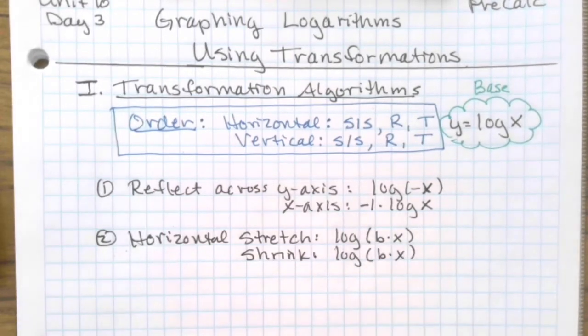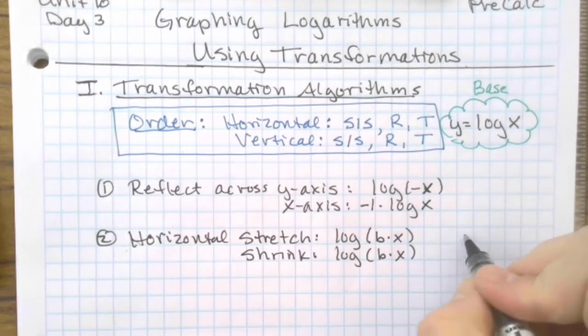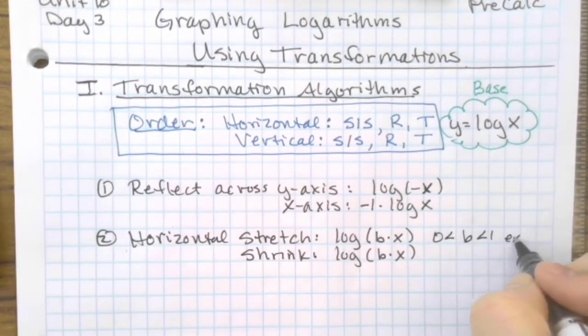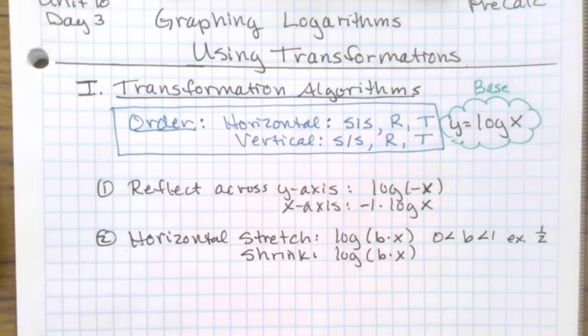What's different is whether it's a stretch or shrink. For it to be a stretch, the b that you're multiplying the x by has to be a fraction. So b has to be between 1 and 0. For example, 1/2. That would be a stretch by a factor of 2.